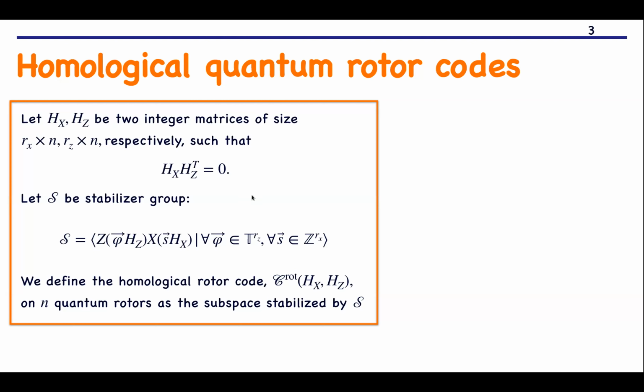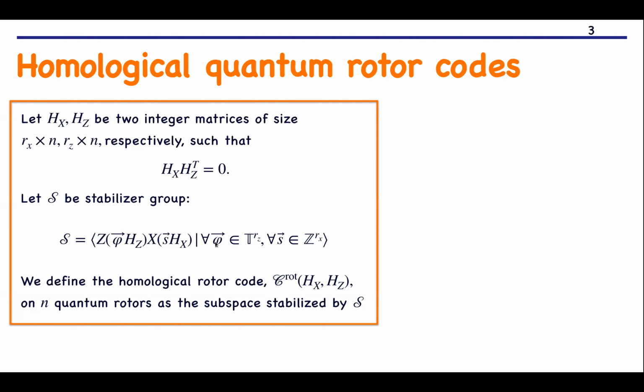We can define a stabilizer group starting from these matrices, because this condition simply implies that all generalized Pauli Z of this form and generalized Pauli X of this form commute. And so we define a stabilizer group starting from these native generalized Pauli operators.